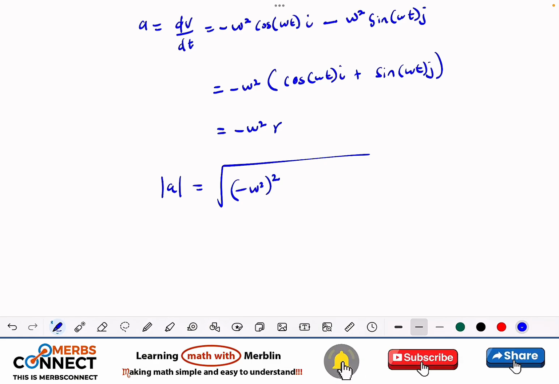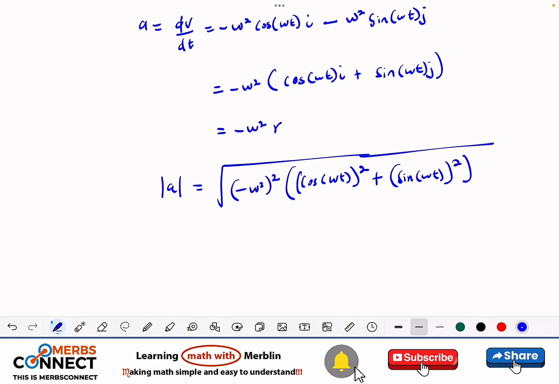We can even ignore it and just bring it out, but I need to bring it there. Then I'll have cos omega t being squared plus sine omega t being squared in bracket like this. So that's what I'm going to get.